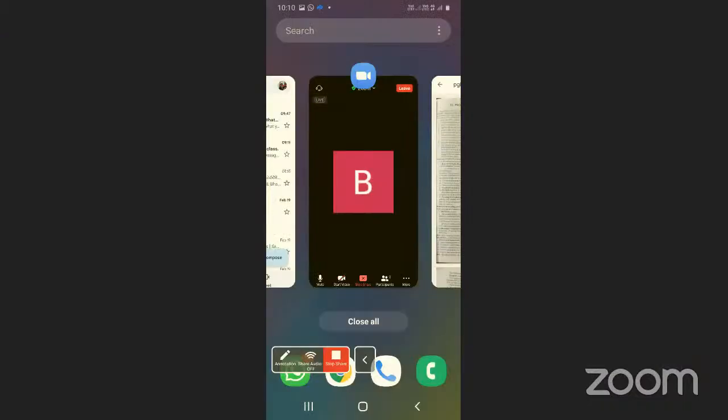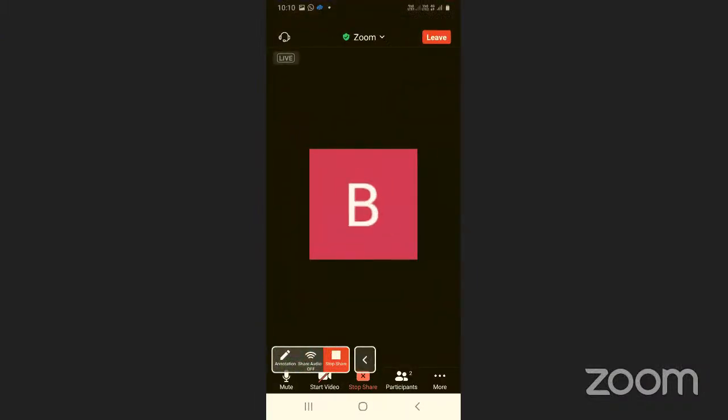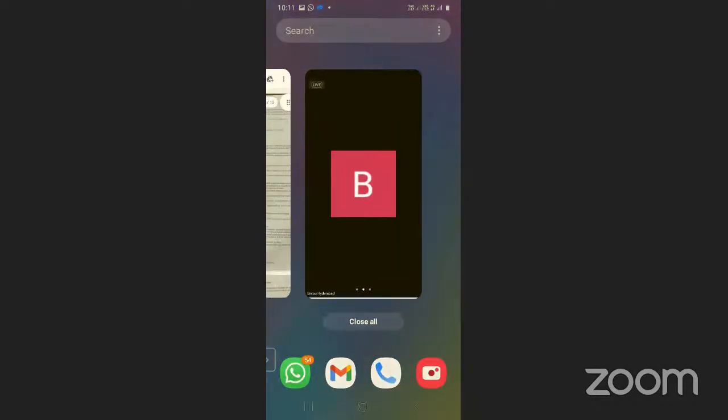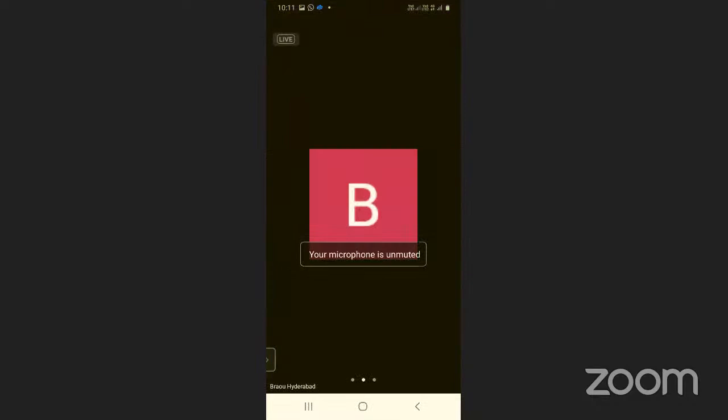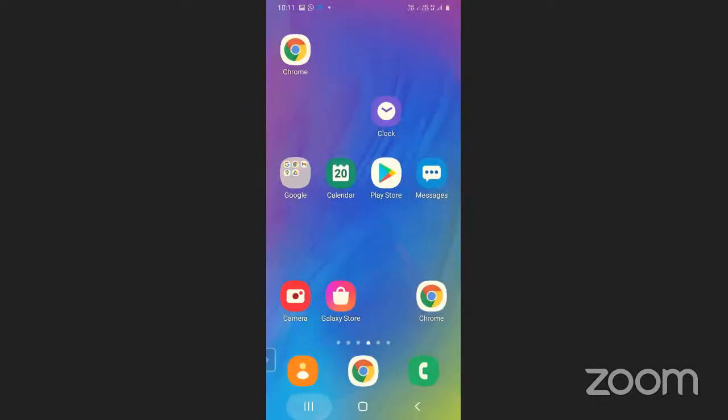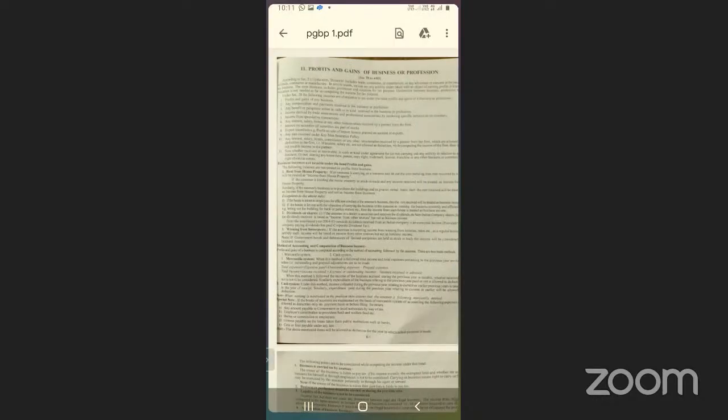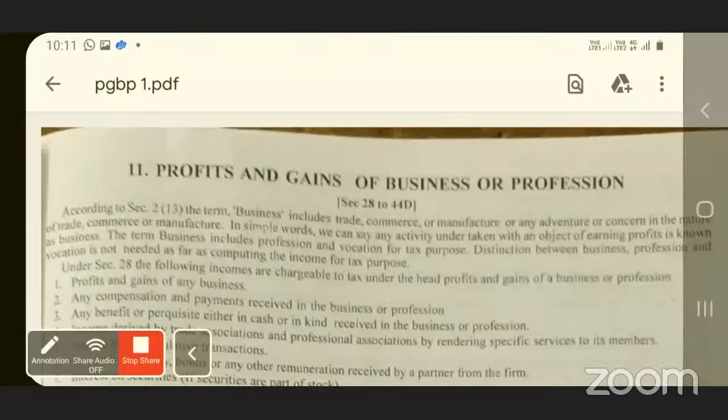So, the Income Tax Act has clearly defined each and every aspect.